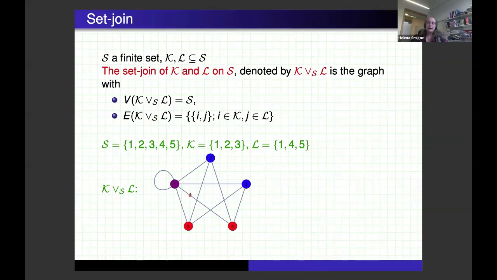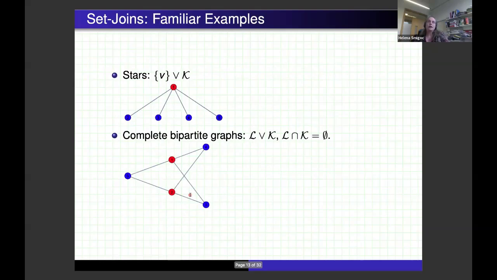Before we move on to another common idea in graph theory, let me explain some familiar examples. Stars are set joins, in particular, where one of the sets in the set join is a singleton, then we get a star, or complete bipartite graphs I mentioned already. If the two sets are disjoint, then the set join is just the complete bipartite graph between those two sets.